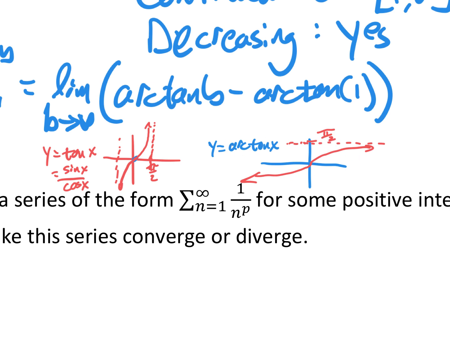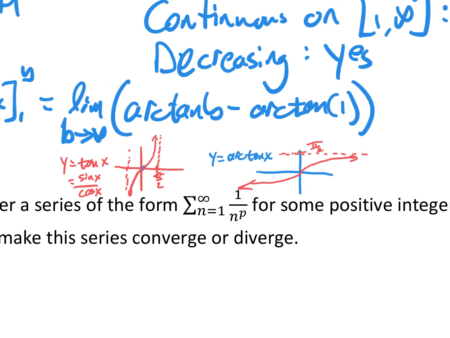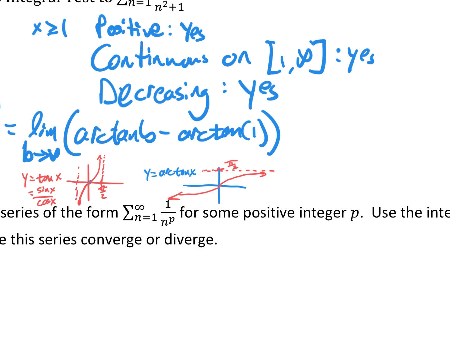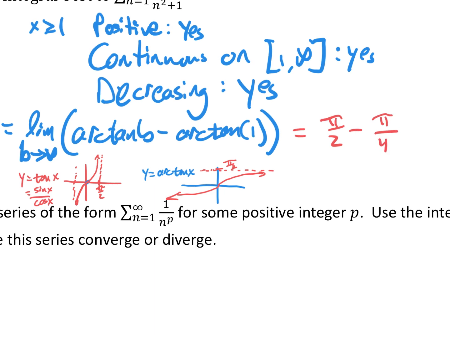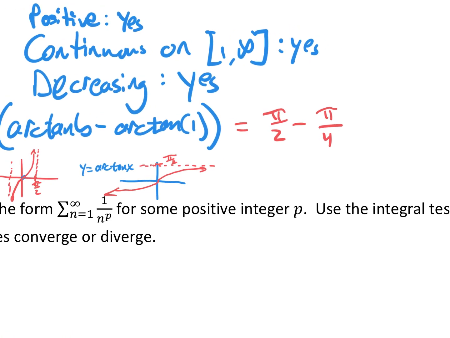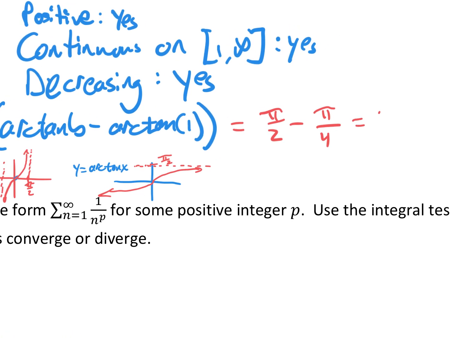You can't have an inverse tangent of pi over 2 because pi over 2 is undefined. So the limit as b goes to infinity is going to be pi over 2. And the arctangent of 1 we know is pi over 4, right? 45 degrees. Okay. And when you take pi over 2 minus pi over 4, that is pi over 4.